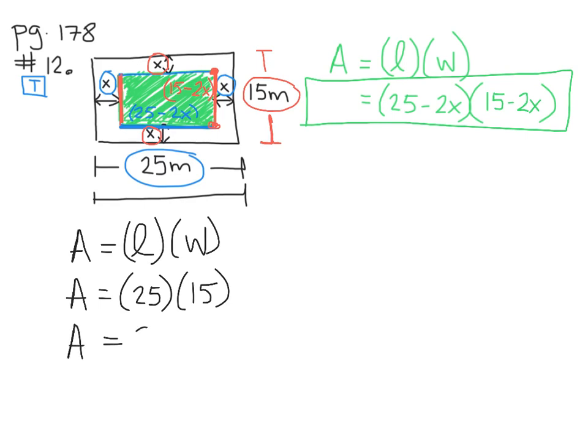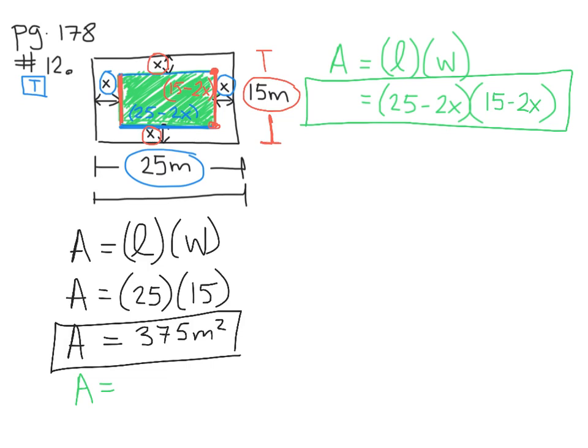And when we do that, we get 375 meters squared. Okay? And so we know the area of the green, as the question states, after she mows this strip, she leaves a patch of lawn that is 60% of the original.